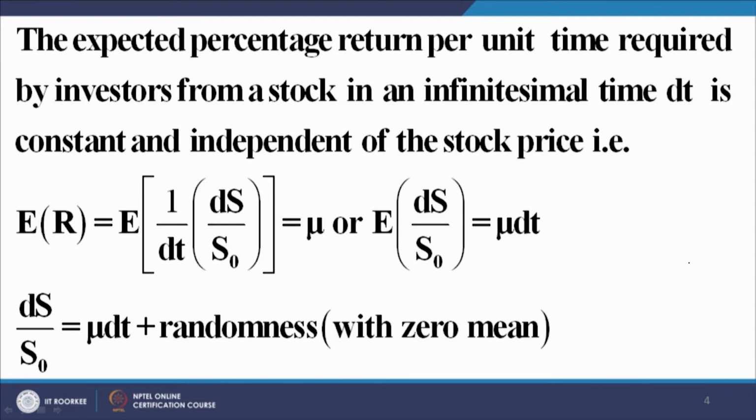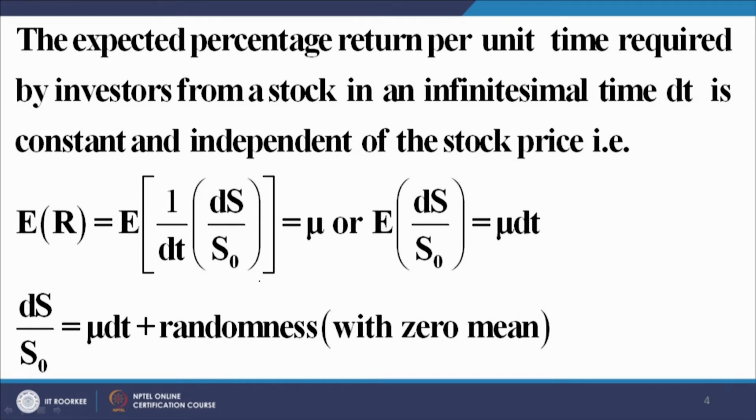Then what is the expected percentage change per unit time? Percentage return per unit time is given by this expression, which is there in the square brackets. dS by S0 is the percentage change in the stock price, and dividing by dt gives you the percentage change in the stock price per unit time.